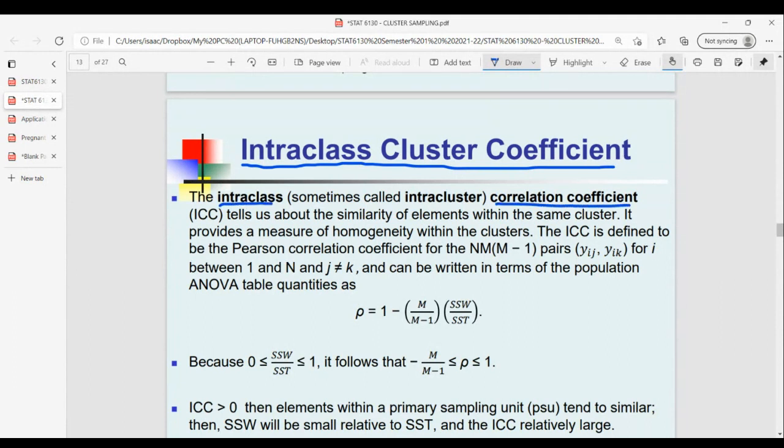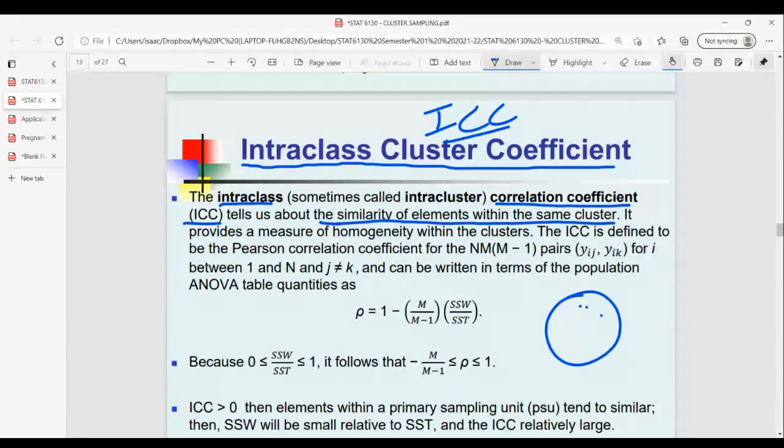intra-class correlation coefficient, the ICC that we mentioned previously. And this tells us about the similarity of the elements within the same cluster. So that means that if you have a cluster like this, it tells us the similarity of the elements within this cluster. And the ICC is defined to be Pearson's correlation coefficient.